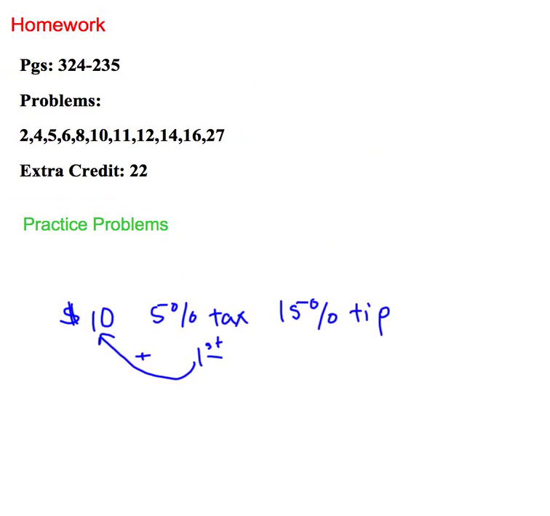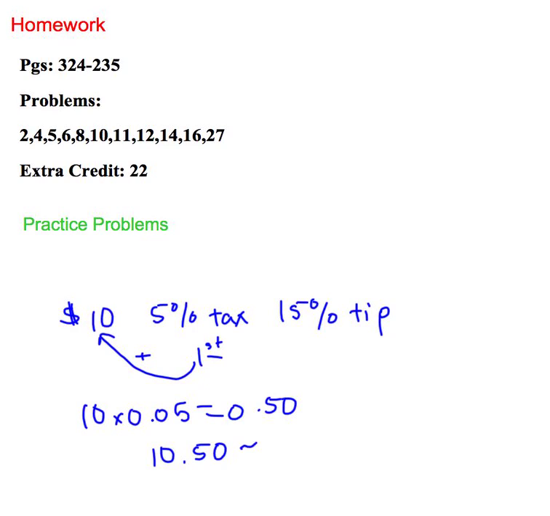So 5% tax on $10 works out to $10 times 5%. This one you can actually do in your head: 50 cents. So my total is actually $10.50.